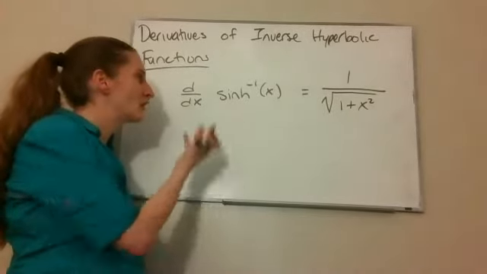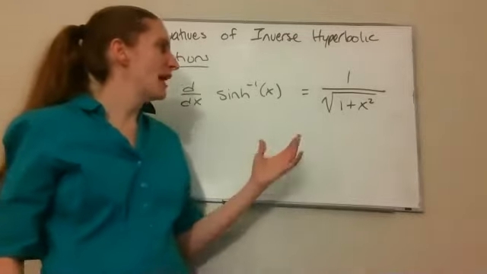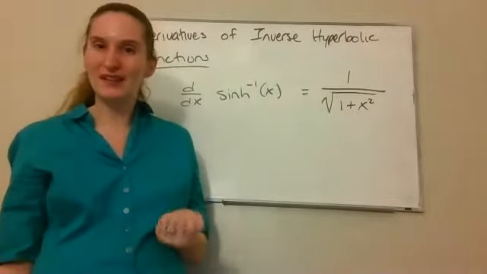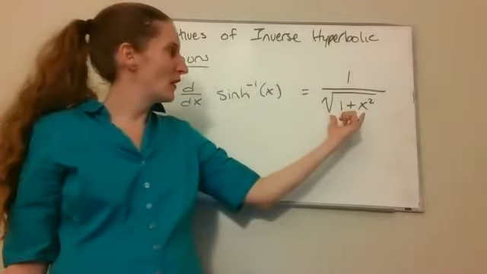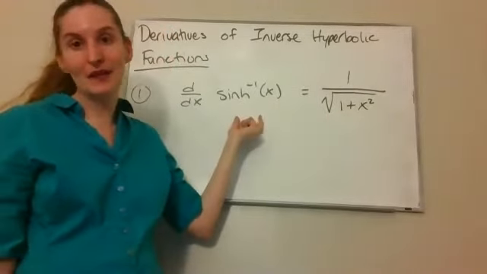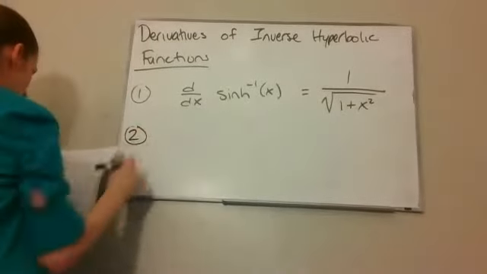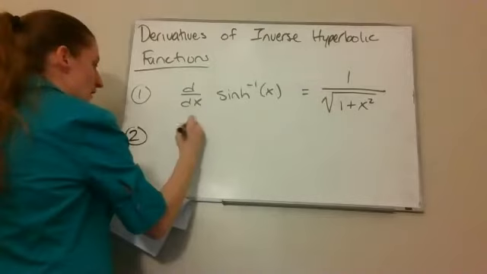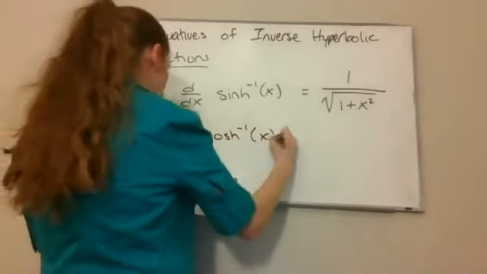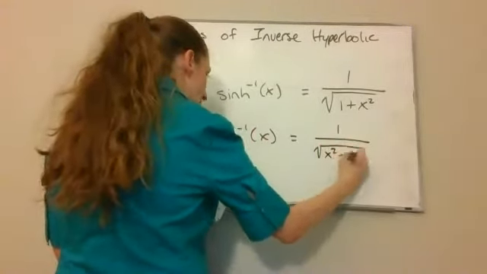What the value is of possibly memorizing these derivatives is, well, imagine that you have an integral that has a 1 over square root of 1 plus x squared in it. Well, now you'll know that the antiderivative of this should be the hyperbolic sine inverse. The derivative of the hyperbolic cosine inverse is 1 over the square root of x squared minus 1.